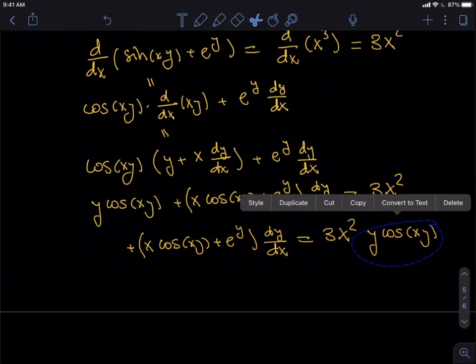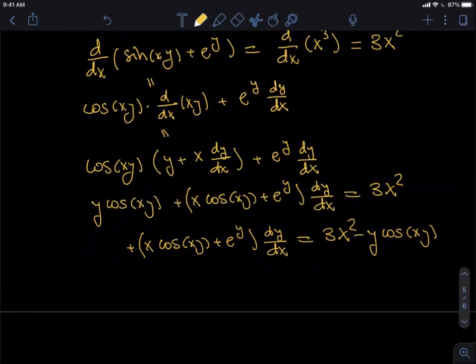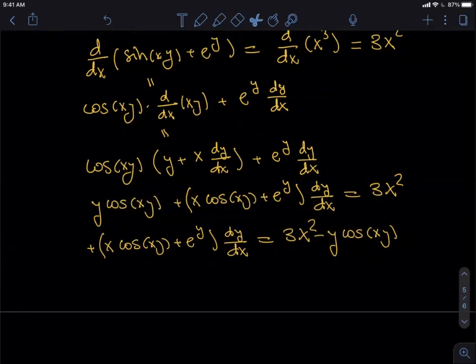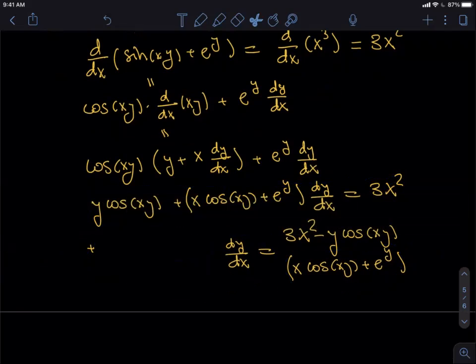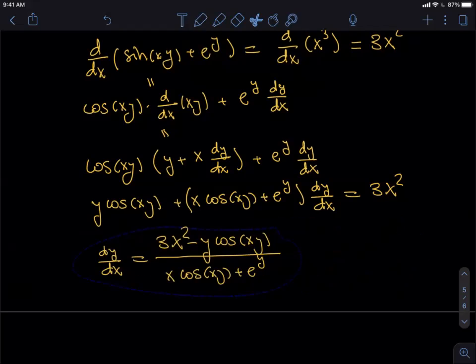There we go. It's a minus. And then just divide by all these things, the x cosine and so on. And this is it. This is the final result.